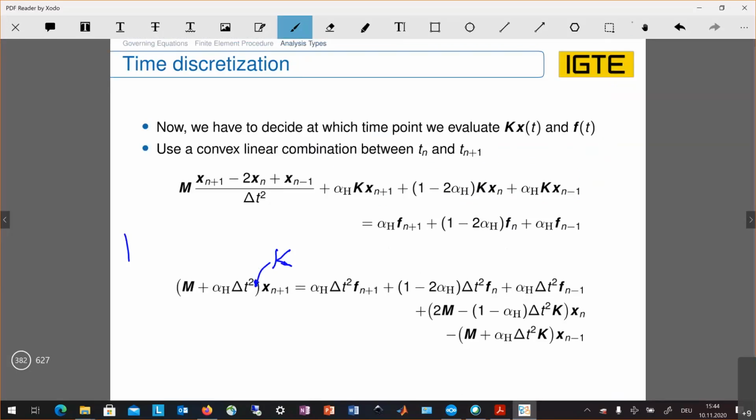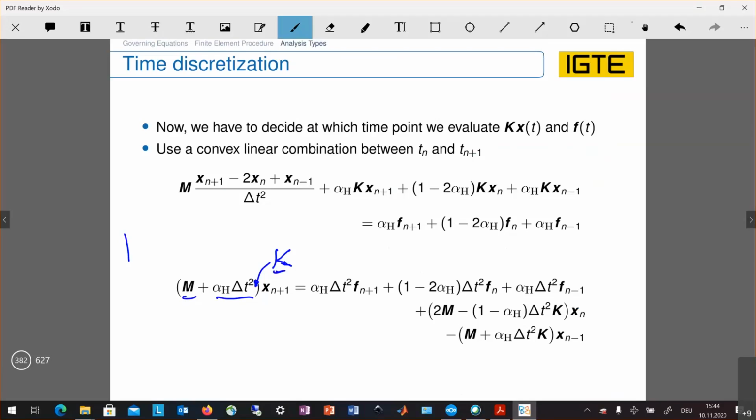So we see our new system matrix is the mass matrix M, and in addition we have our stiffness matrix scaled with alpha h, our time integration parameter we will discuss shortly, and delta t, our time step size squared.